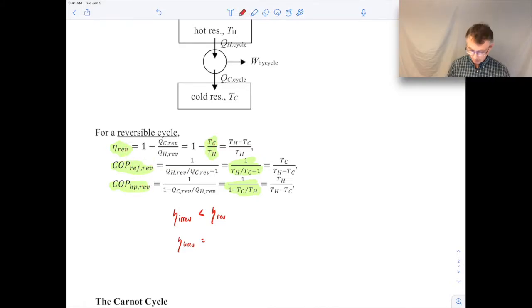If it's irreversible, you just use the heat transfers. So you can always use the heat transfer quantities here, whether it's reversible or irreversible, but you can only use the absolute temperatures if it's reversible. Okay, so just be aware of that.